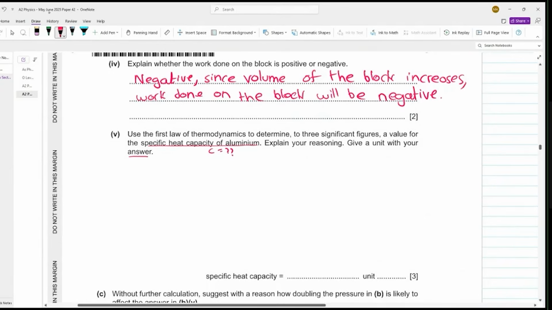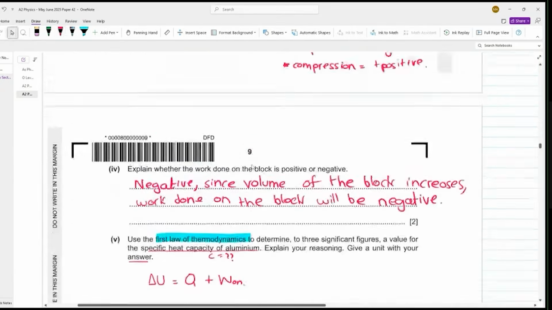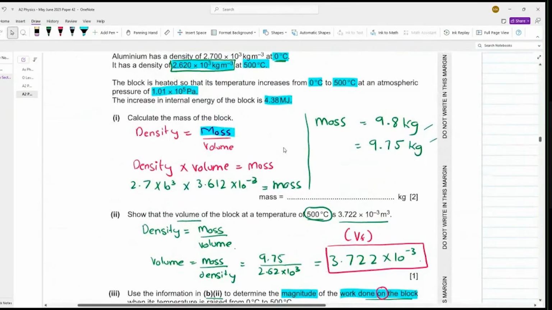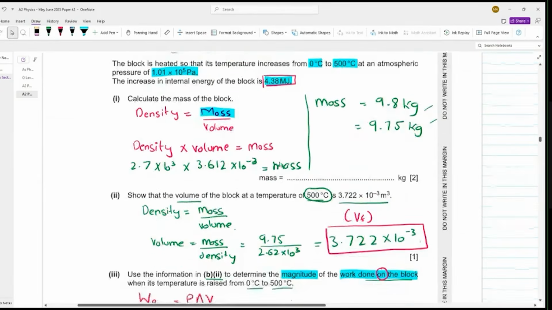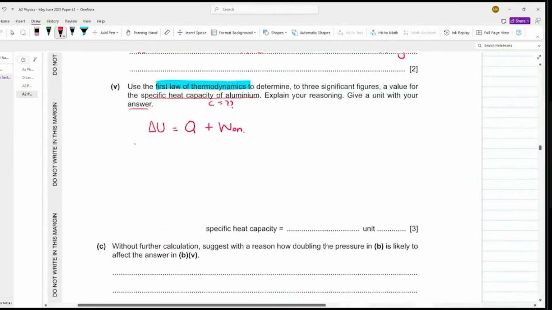Shabash. So what was the first law of thermodynamics? Do you remember? Yes, change in internal energy is equal to Q plus work done on the gas. What is the change in internal energy? It is 4.38 × 10^6, so you can write it here. Okay. What is Q? You don't know.